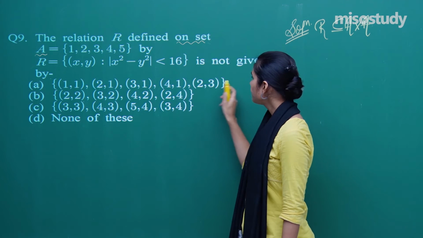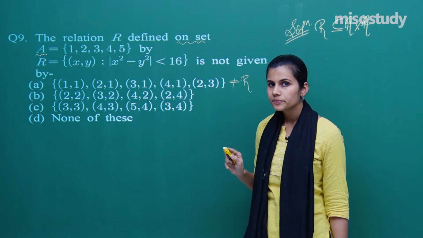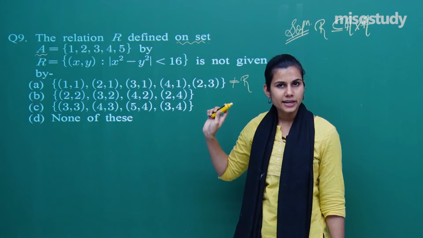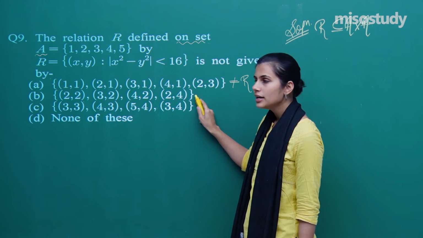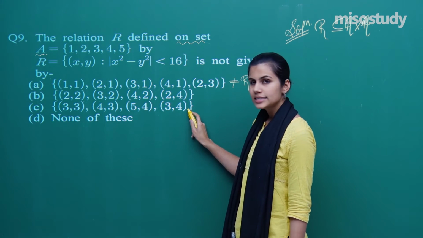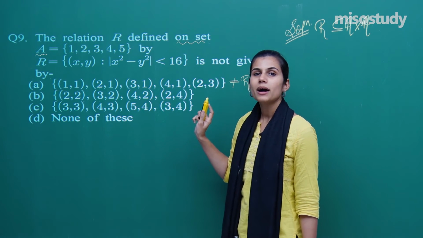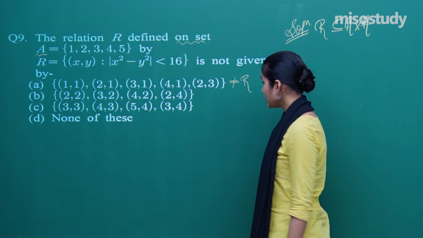That means if this is not equal to my relation R, then I will mark this as my correct answer. If this is not equal to my relation R, then I will also mark this as the correct answer. If this C is not equal to my relation R, then also I will mark this as the correct answer. That is what the question is trying to say to us.